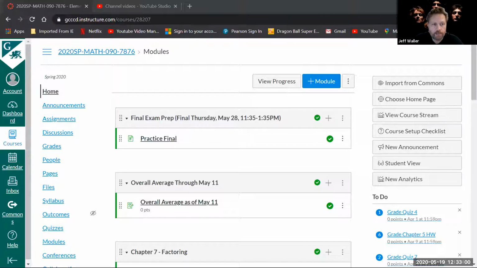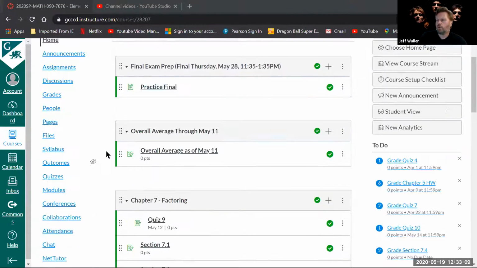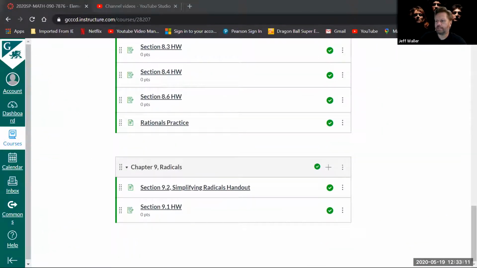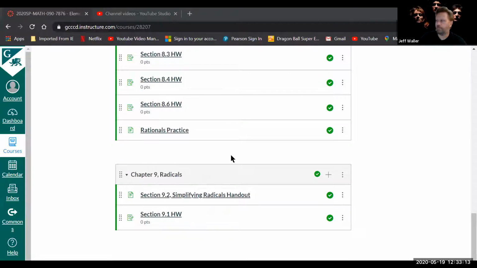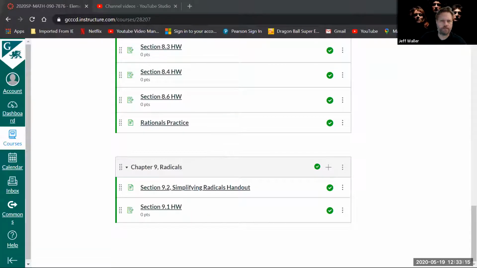While you have Canvas open, I think last week you said you were going to post something regarding denominators that weren't alike for chapter 8. Did you end up posting? Thank you for reminding me, Jamie. I looked for it, and I think it might not be on what I've got here at home. I'm worried it's on my work computer, which I've only been able to access once this semester.